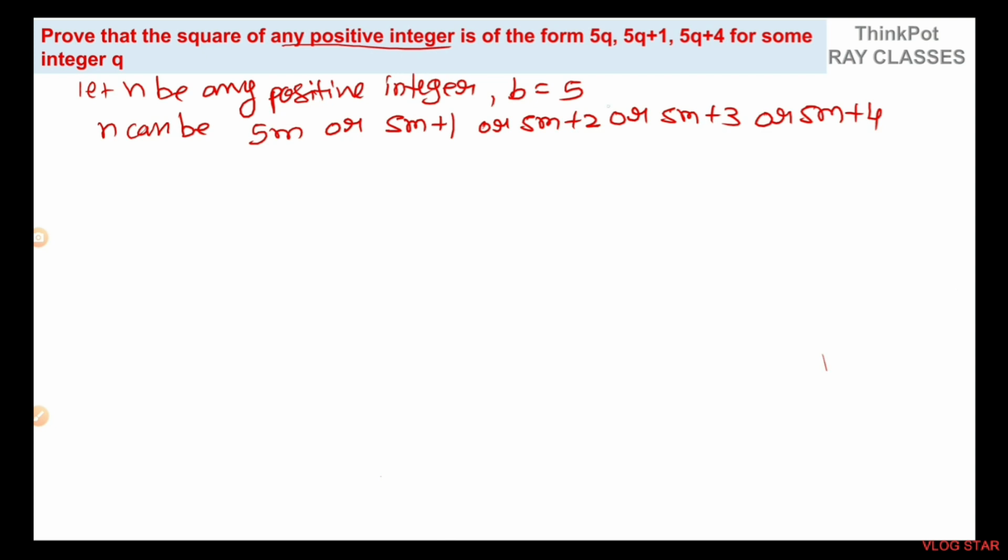Since here b is equal to 5, r can be 0, 1, 2, 3 and 4. So n can be represented in this form. So we can consider one or two cases to justify the given statement, whether it is represented in the form of 5q plus 1, 5q plus 4 or not.